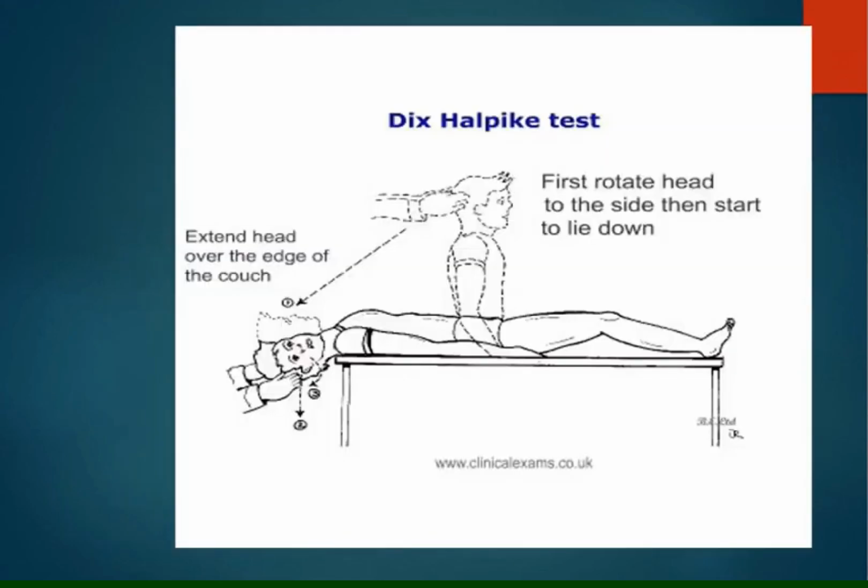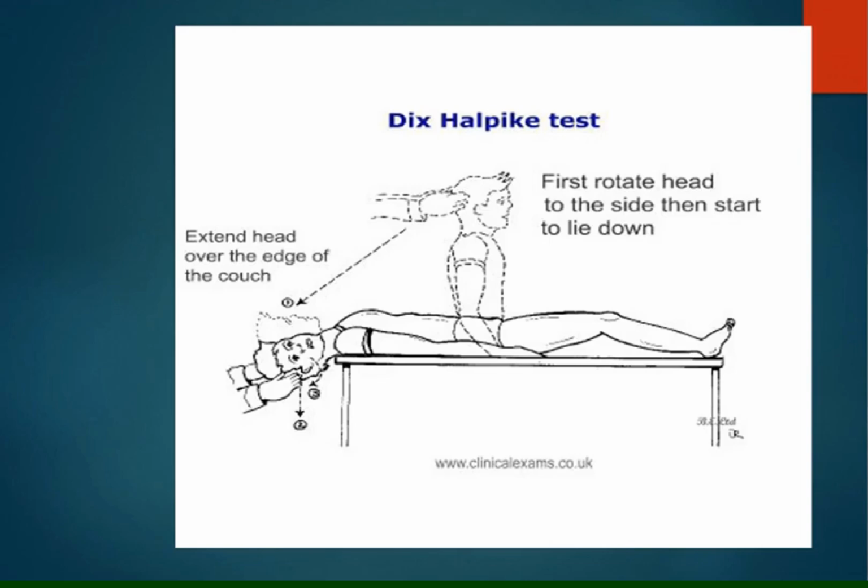So the Dix-Hallpike test is as described there. You have the individual sit on the clinic table. You turn their head to either the right shoulder or to the left shoulder, and then you guide them down. Don't let them flop down to have their head dangle lower than the table itself.